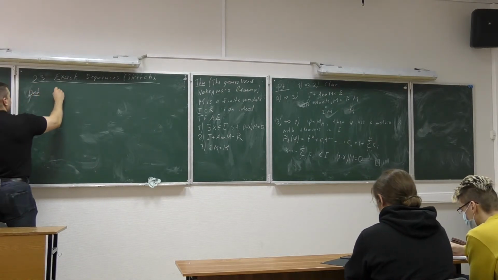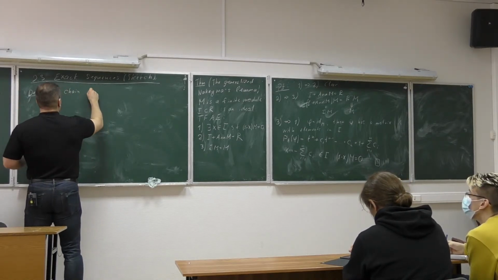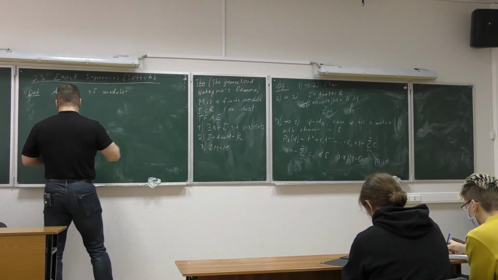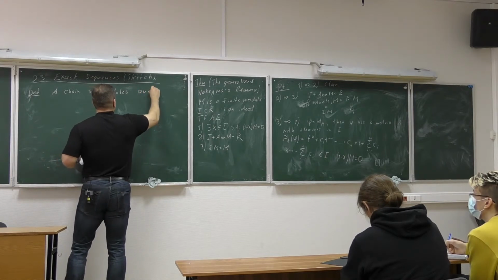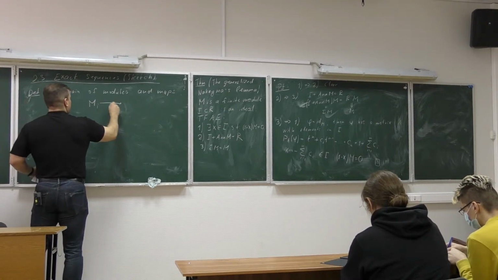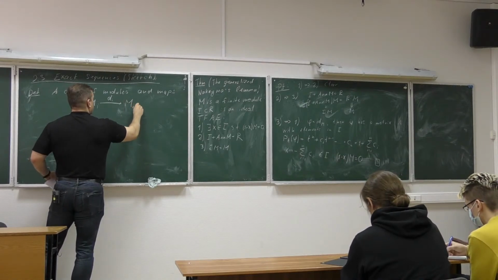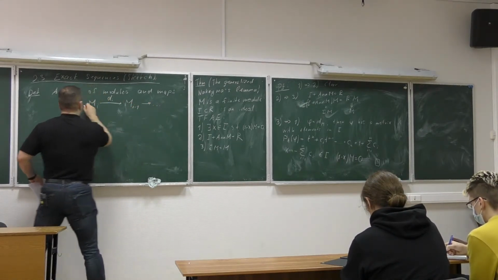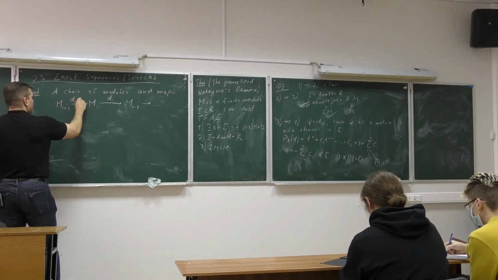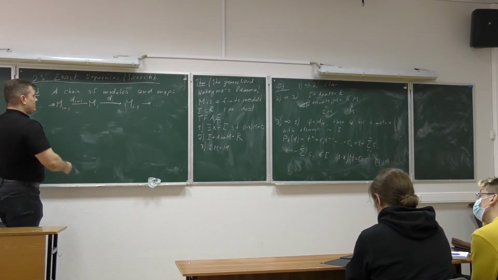So, definition. A chain of modules and maps. Like this, you have some module Mi, and you have a map which we're going to call di, and this will be a map to Mi minus 1, etc. So this is a chain of modules and maps parameterized by integer numbers.